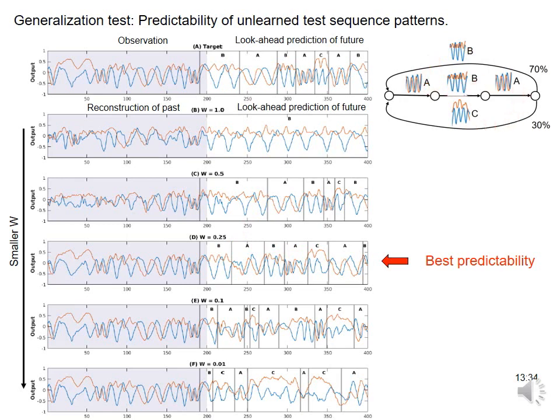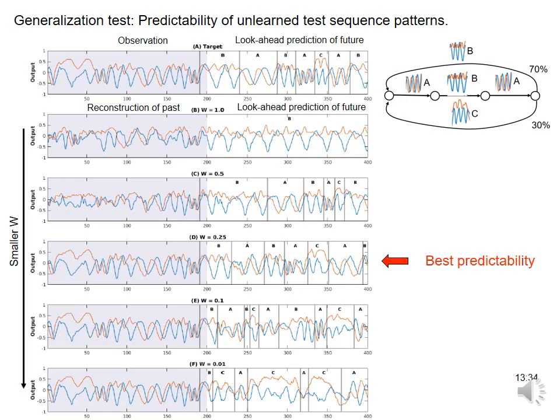That means this network is extracting the grammatical structure hidden in the data. But if we reduce W further, the reconstruction here is okay, however the future prediction is not so good. Therefore the best predictability comes in the intermediate region. W is set to 0.25, where we see the best realization.